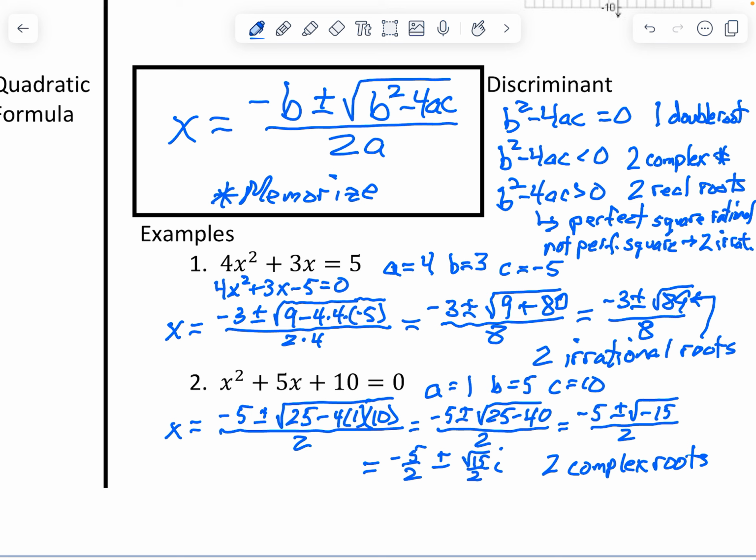But if it doesn't work out, like in example 1 here, where you got the square root of 89, we're going to have to leave that in that square root form, because there is no exact decimal answer for that we can write out. So we can solve quadratics using the quadratic formula every time you have a quadratic, but it's especially helpful when you have square roots that do not work out very nicely.